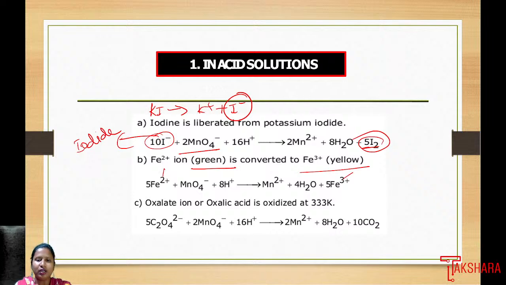Next, oxalate ion or oxalic acid is oxidized at 333 Kelvin.